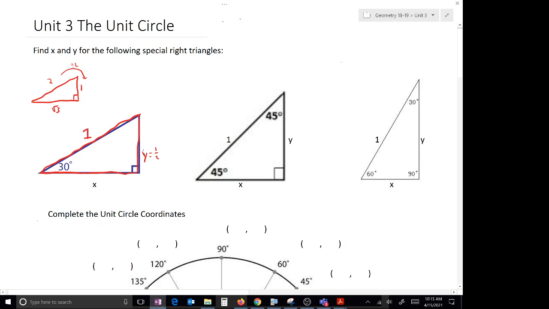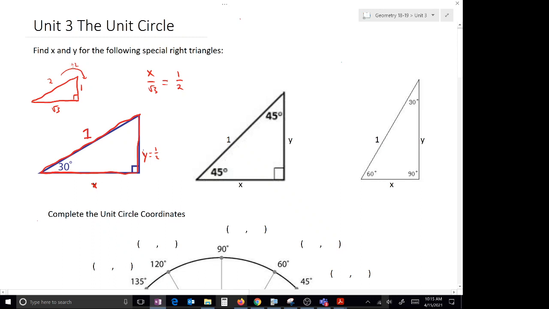For x, we're going to set up a proportion. So we'll put x over root 3 since that's what it matches up with. And then I need to pick two other sides. So I'm going to pick the two hypotenuses. So on our original triangle, our hypotenuse is 1. And on our reference, it's 2. So we got x over root 3 equals 1 over 2.